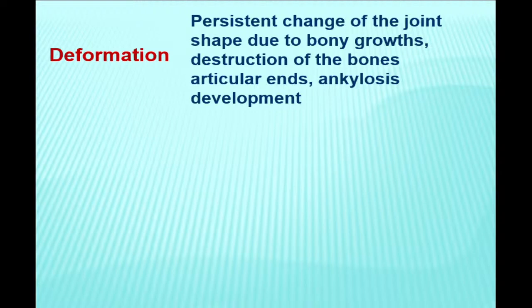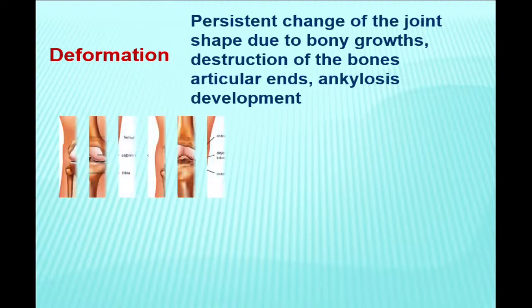Deformation. It is a persistent change of the joint shape due to pathological growth and destruction of the bones, articular surfaces, and as a result formation of ankylosis. Ankylosis is limited movement of a joint.